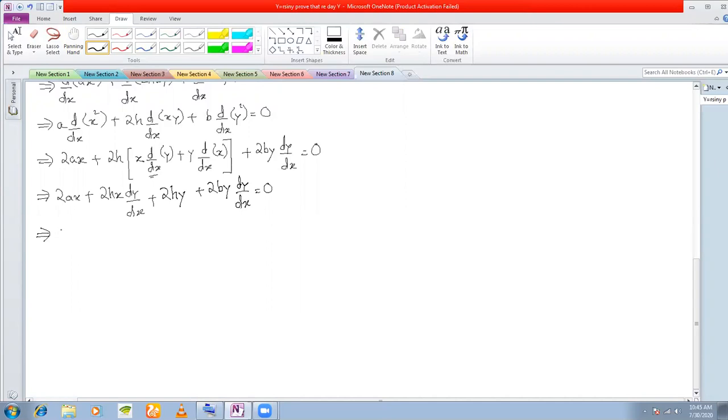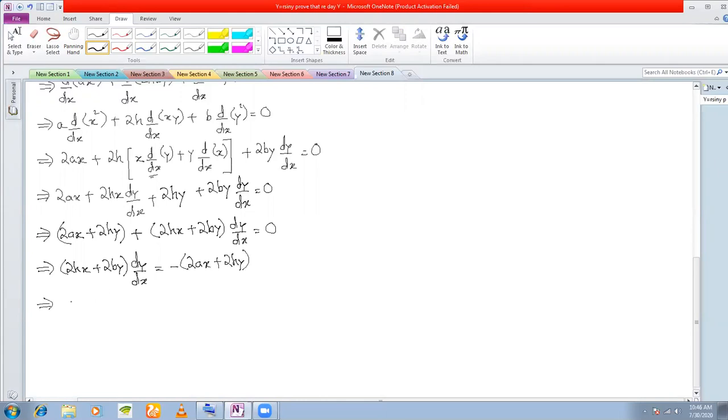That means now you take these two dy/dx terms together and the others together: 2hx plus 2by dy/dx is equal to minus 2ax plus 2hy.